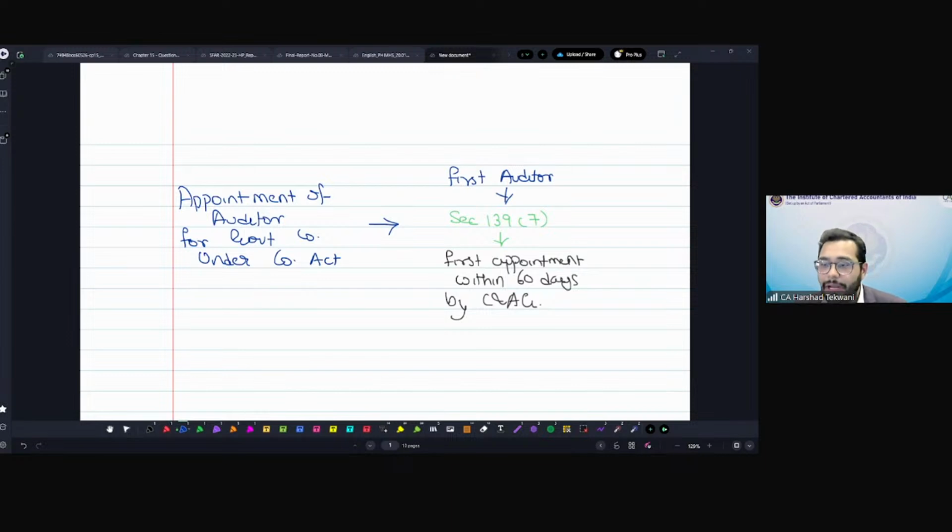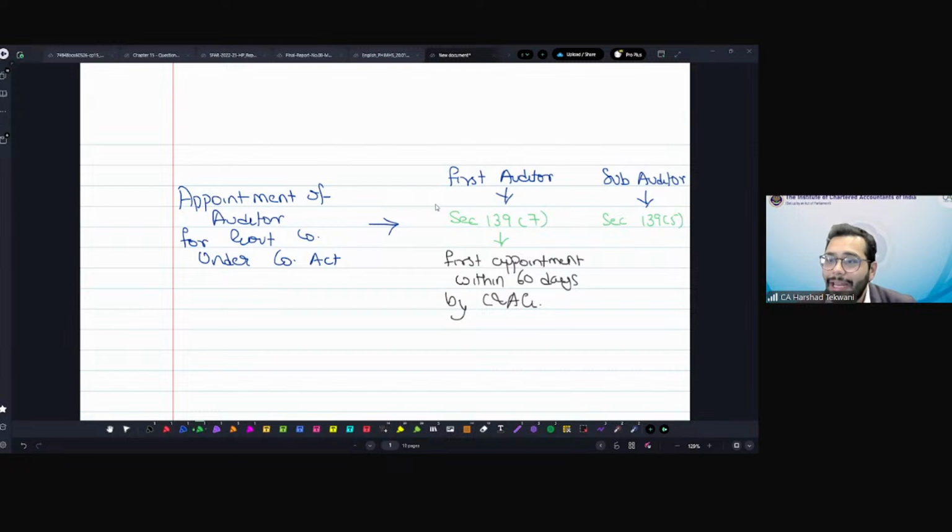But for the case where it is appointment of a normal company, not the first auditor, but appointment of a normal auditor for each and every financial year, for the case of government company, it is under 139.5. So subsequent auditors, section 139.5. Okay.